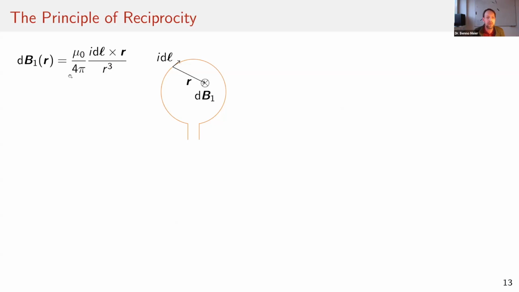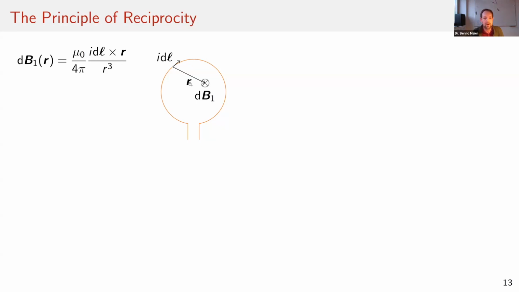Here I have my coil. That's just a piece of wire, and now there's current I running along the wire. The current I running along this length element dl creates at a displacement r a magnetic field contribution dB1.